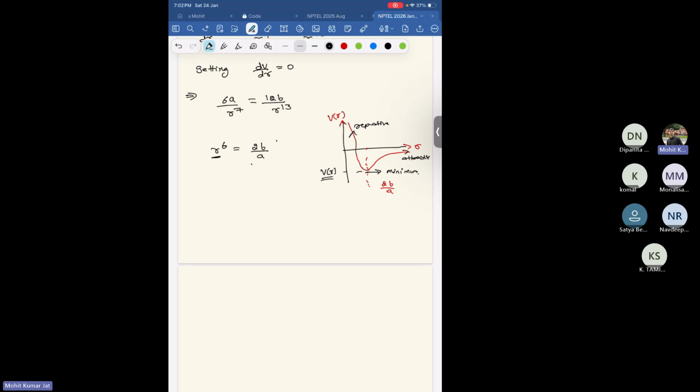So let's just substitute the value of R^6 into the given form of the potential. The given form of the potential is minus A by R^6 plus B by R^12.